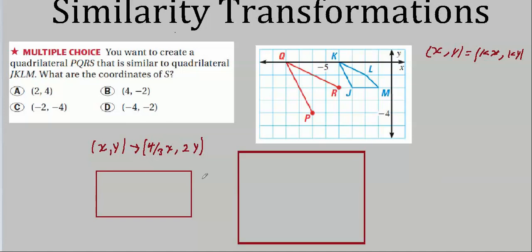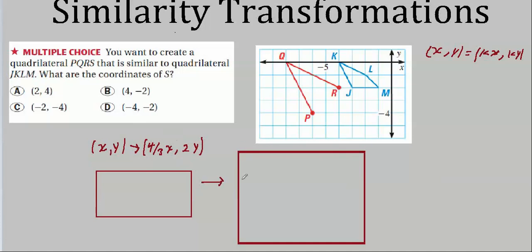To go from here to here, I multiplied x by 4/3 and y by 2. Now I not only have a figure which looks bigger than this one, but it is not similar at all. Notice this one is much longer than it is high. This one is almost square now. I expanded x by 1 1/3, just a little bit, but I doubled y.